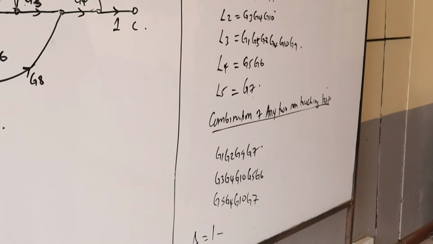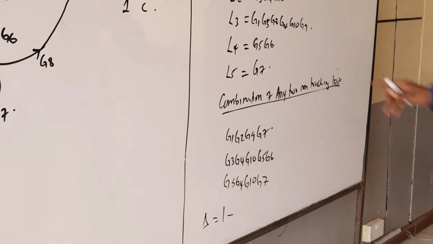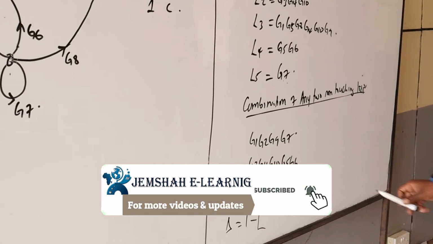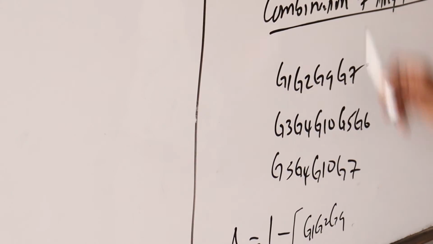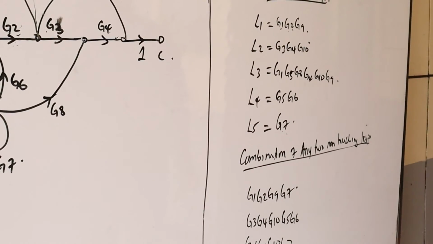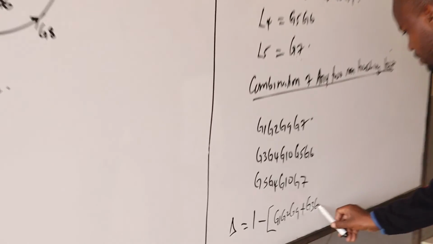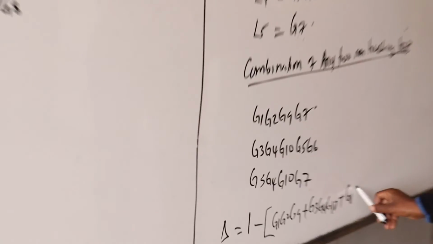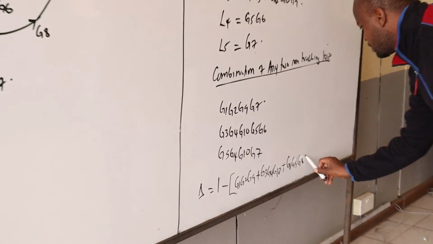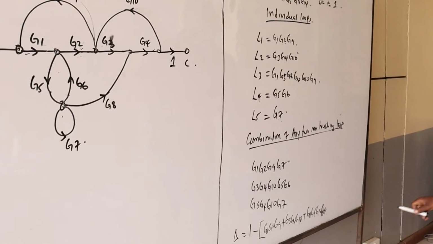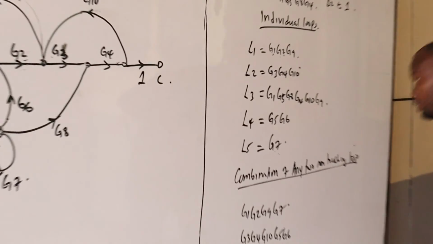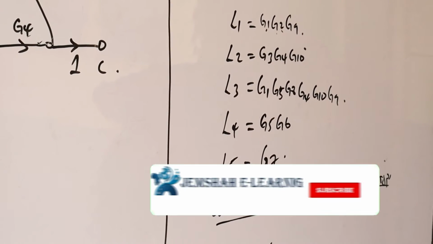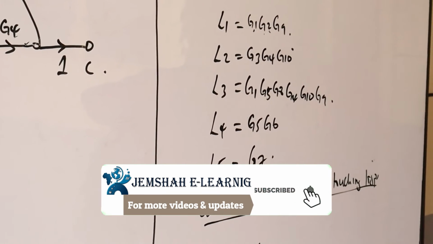The sum of individual loops in this case is going to be given by G1, G2, G9, plus G3, G4, G10, plus G1, G5, G8, G4, plus G4, G10, G9, then minus plus G5, G6, plus G7. So that is the first part.